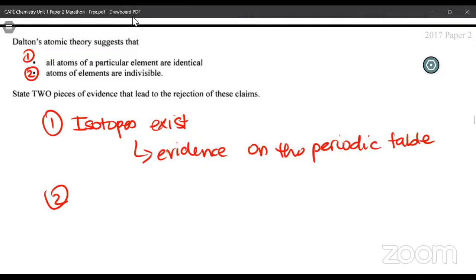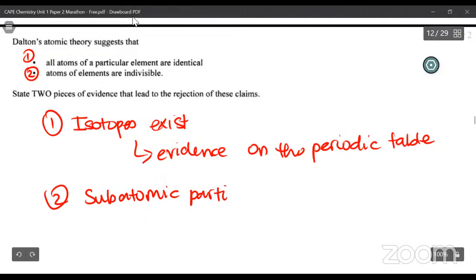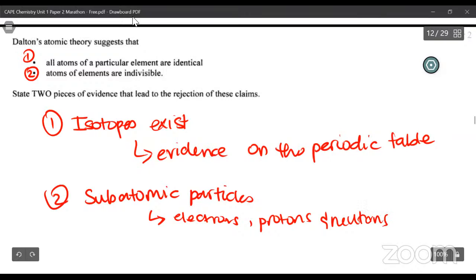Well, firstly, we have subatomic particles, right? We do have subatomic particles. It suggests that you can break them further into electrons, protons, and neutrons. And also, we learned a bit about what we call radioactive decay, right?